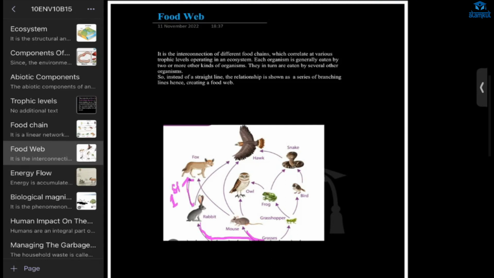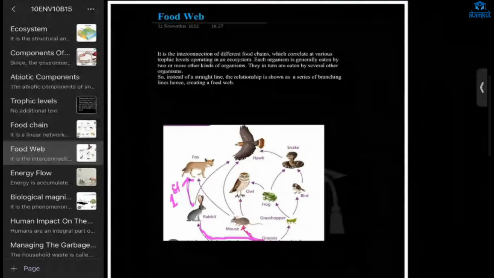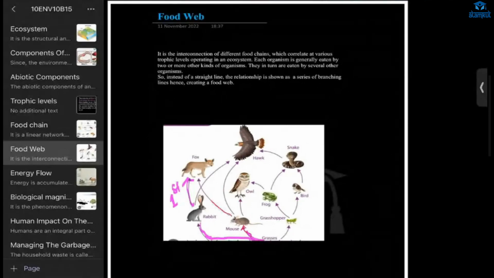Next food chain: grass is eaten by the mouse, and this mouse is eaten by the fox. This will be our second food chain. The third food chain has grass and mouse, and then the mouse is eaten by the hawk.